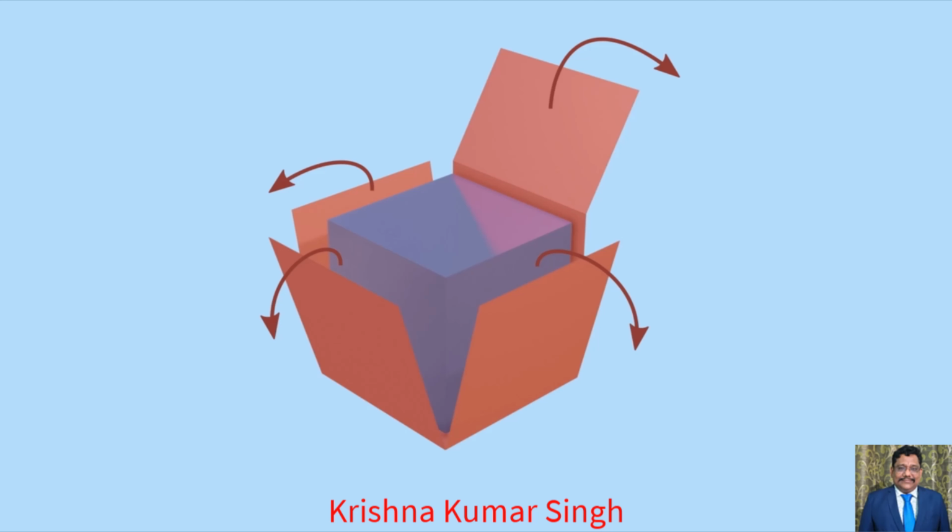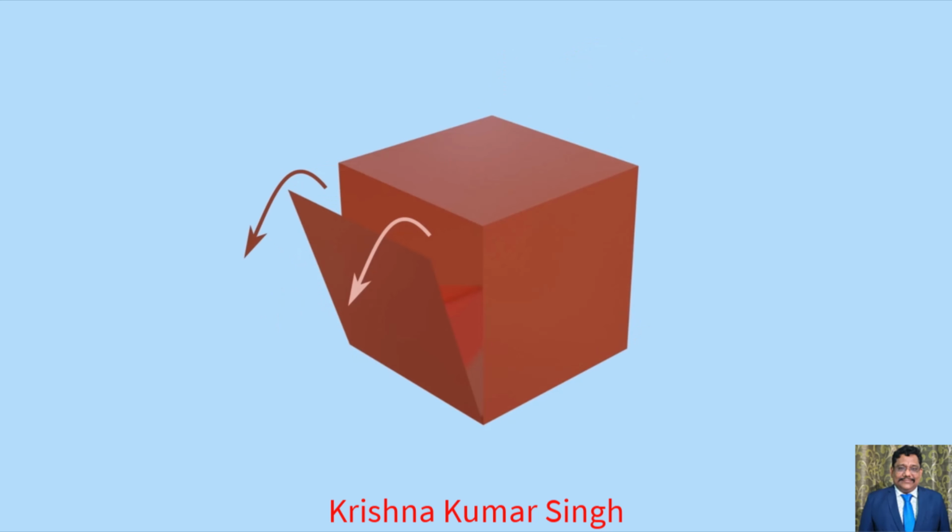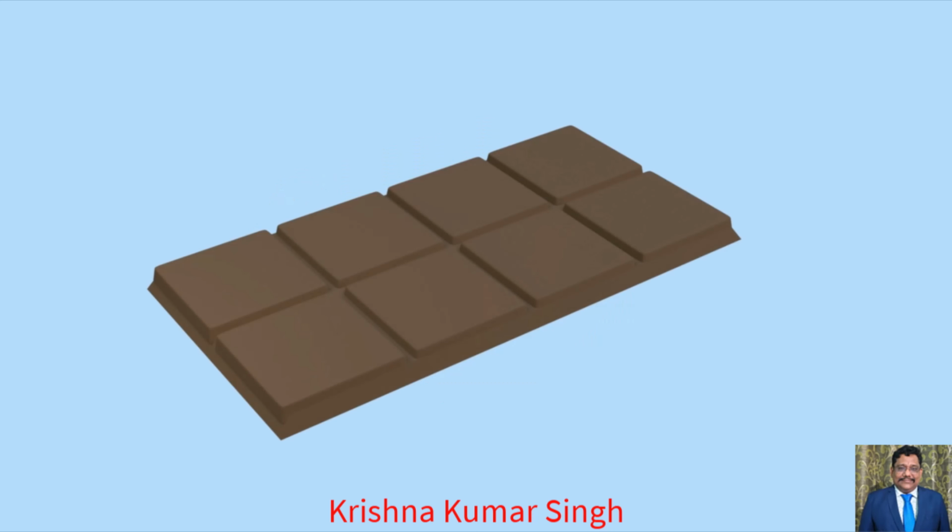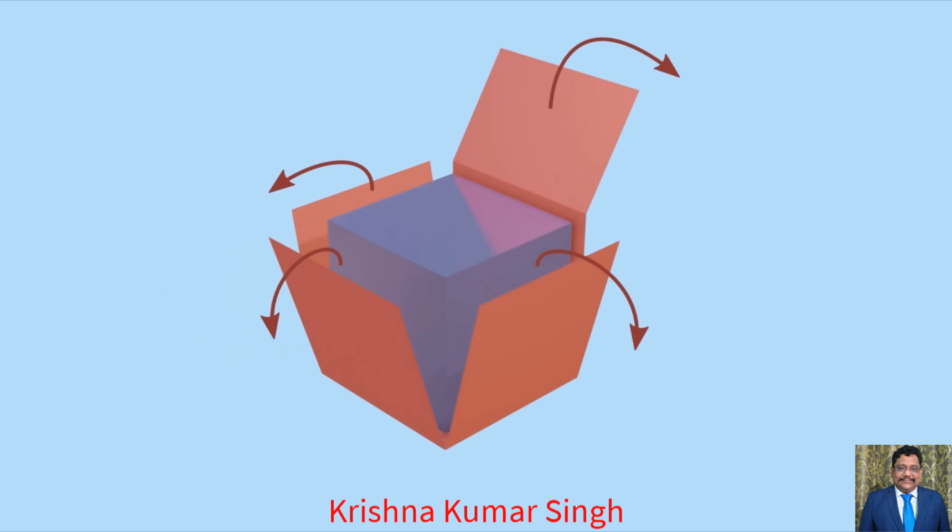Development is also called a pattern, and when the pattern is cut, it can be rolled or folded back into the original object. In the same way as chocolate wrapper can be wrapped again above chocolate to get it in its original form.